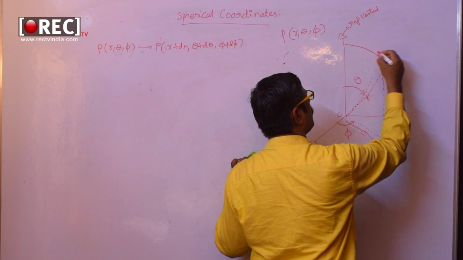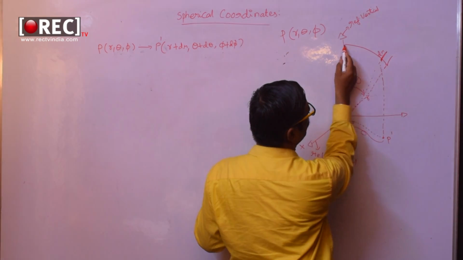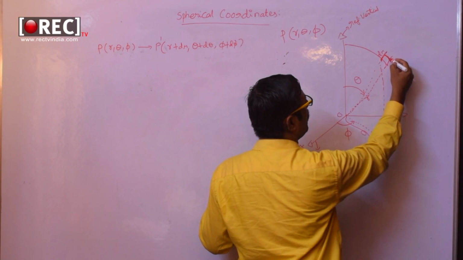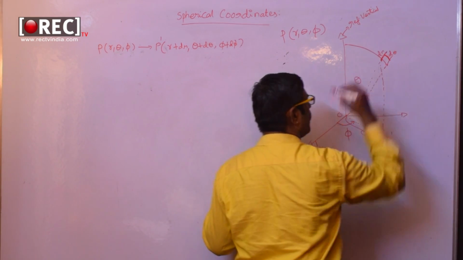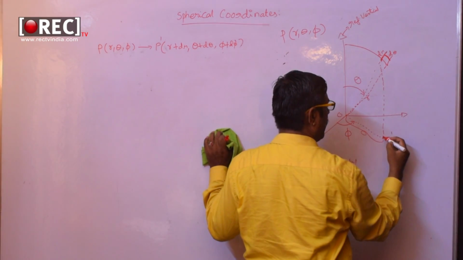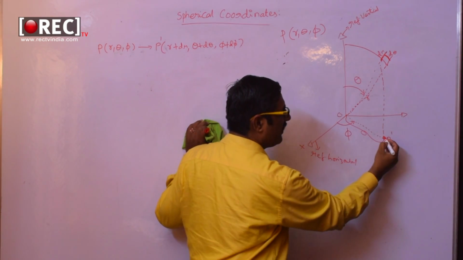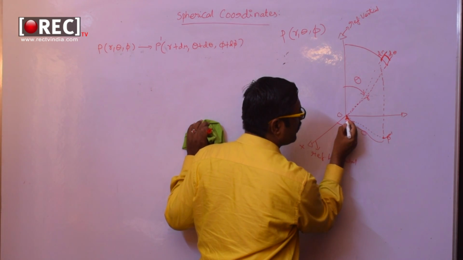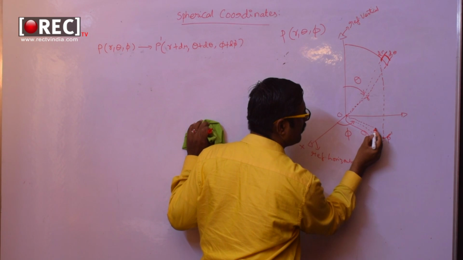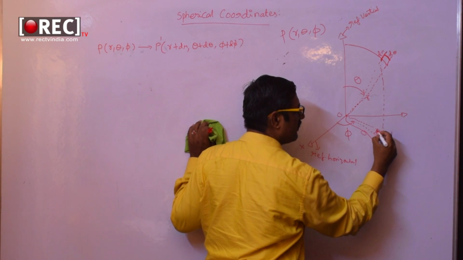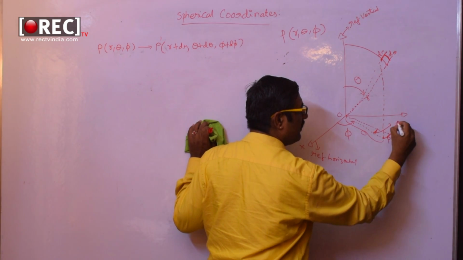Up to this point it is theta, and this angle is d theta. Next, coming to d phi. Up to this angle it is phi, and let me take a small angle increment here. Let me join this. So this angle is d phi.